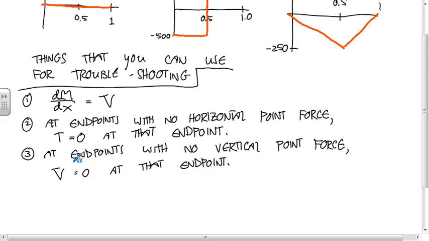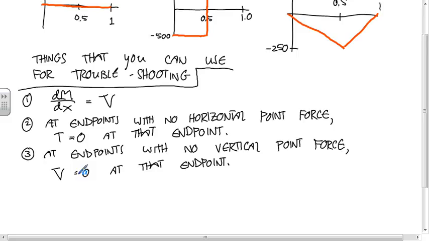Okay, and again, vertical distributed loads are what we've dealt with so far. We haven't dealt with horizontal ones, but we've dealt with a lot of vertical distributed loads. This is true even if there's a vertical distributed load, as long as there's no vertical point force.